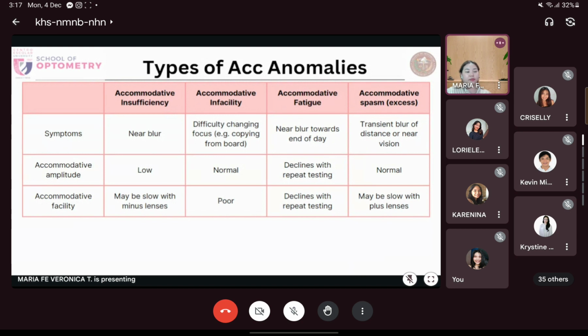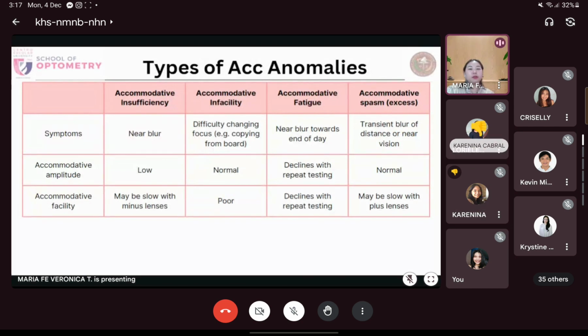Have you tried that? Na-try nyo na, yung flipper lens? Have you tried it? Not yet.